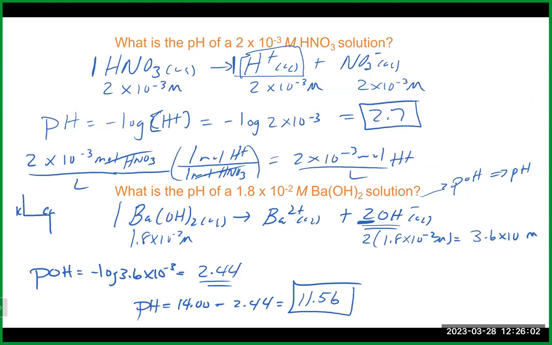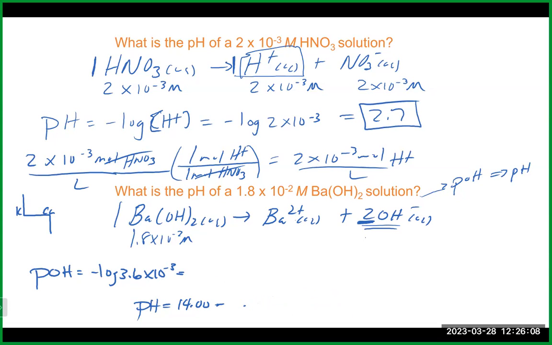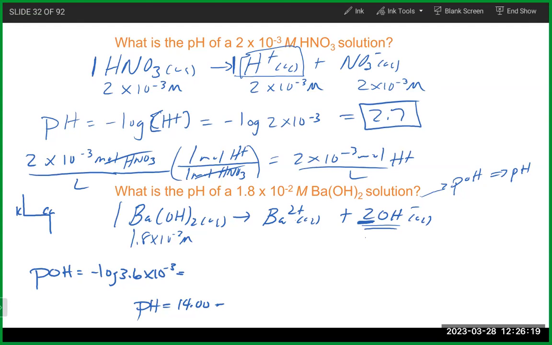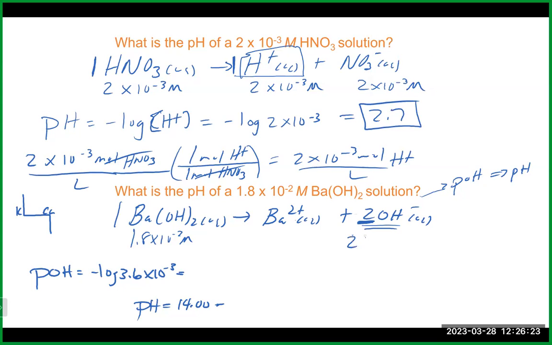Take 2, try again here. Okay, so try my calculator one more time. So we're going to take 2 times 1.8 times 10 to the -2. That is going to give us 3.6 times 10 to the -2 molar.